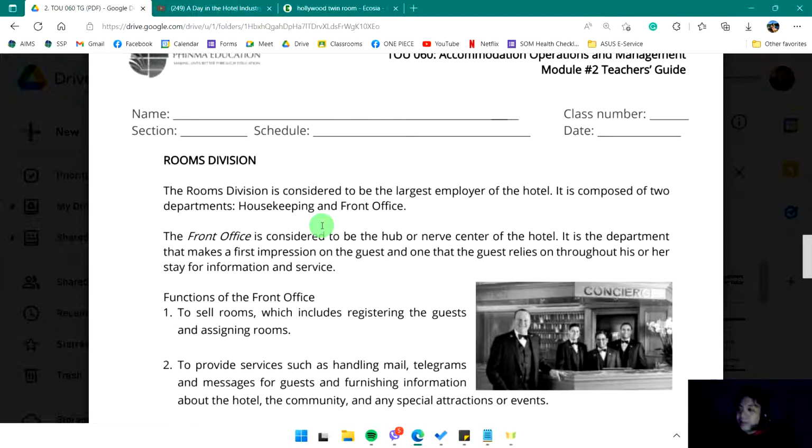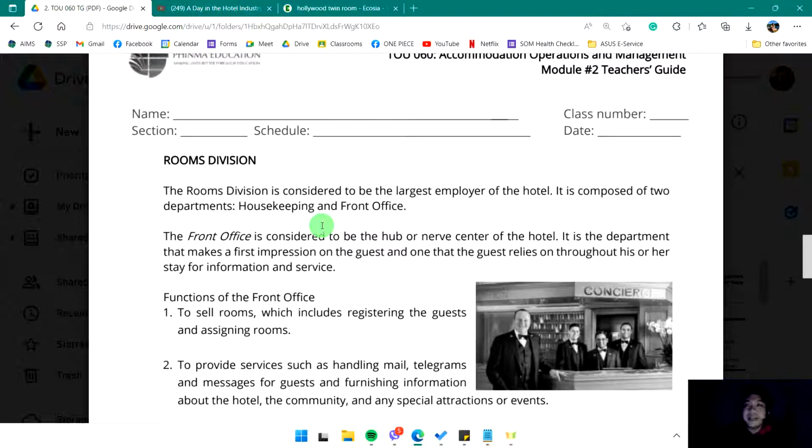These are the front office and the housekeeping department. They are really considered as the heart of the hotel, yung front office natin. They are the ones who foresee the accommodation sales, no? Sa kanila nakasalalay yung benta natin pagdating sa mga rooms, pagdating sa mga kwarto.